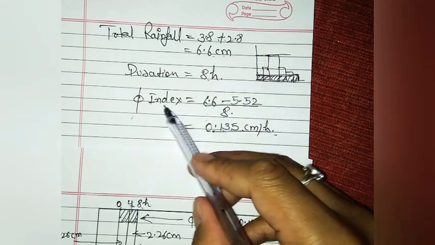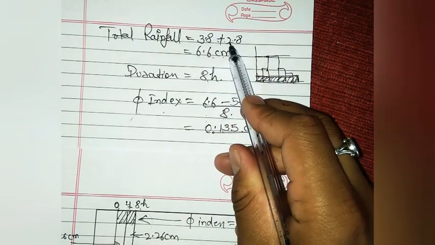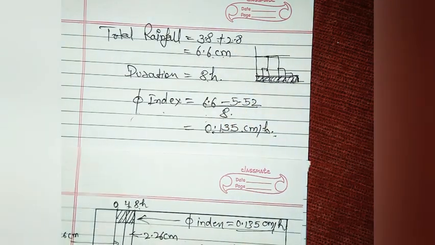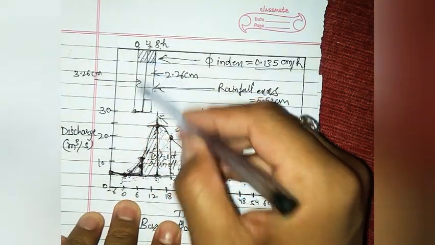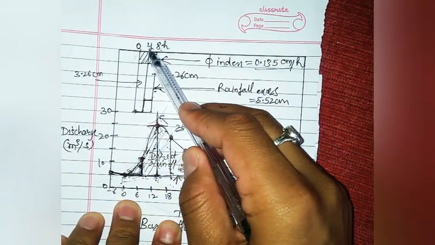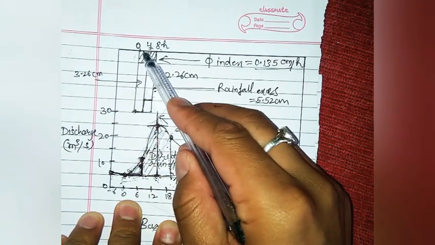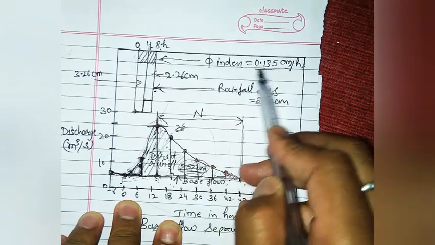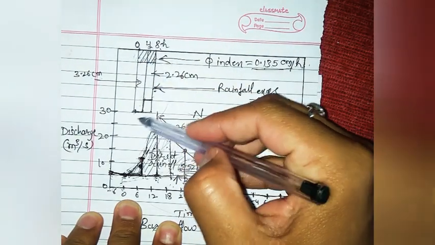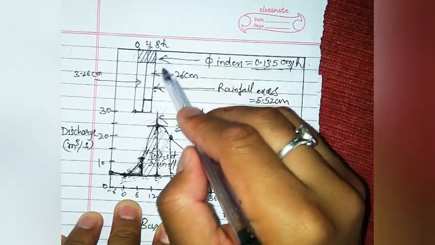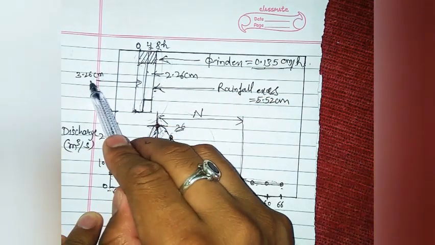The total rainfall given to you was 3.8 and 2.8 centimeter. Here we have plotted this rainfall also. For 0 to 4 hours, this is our 3.26 centimeter rainfall, and this is the value of the phi index, 0.135 centimeter per hour. When we subtract the phi index from here, we get this value, which is your effective rainfall.